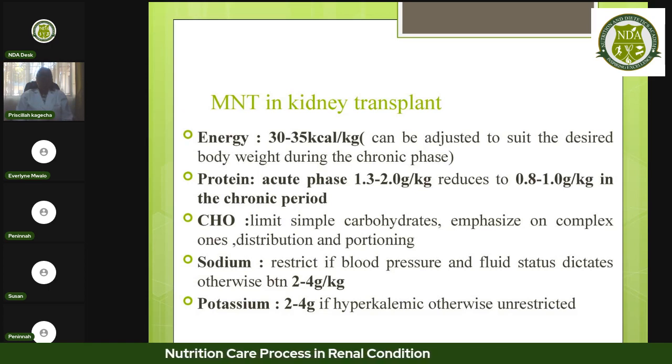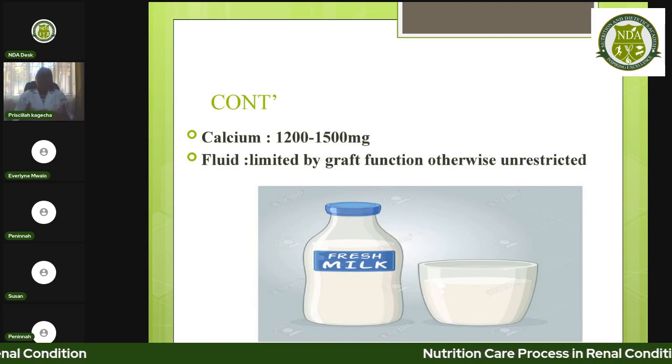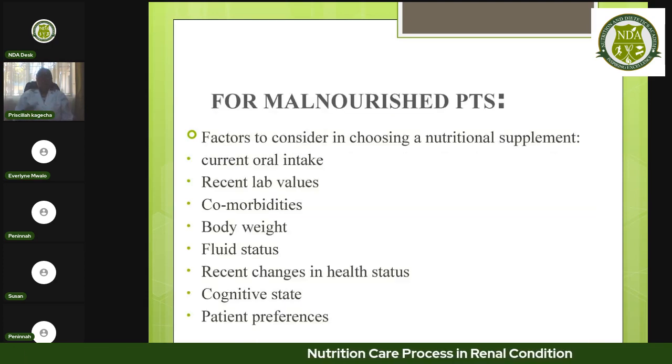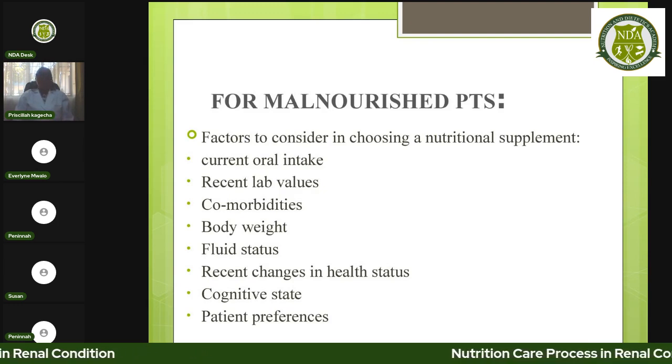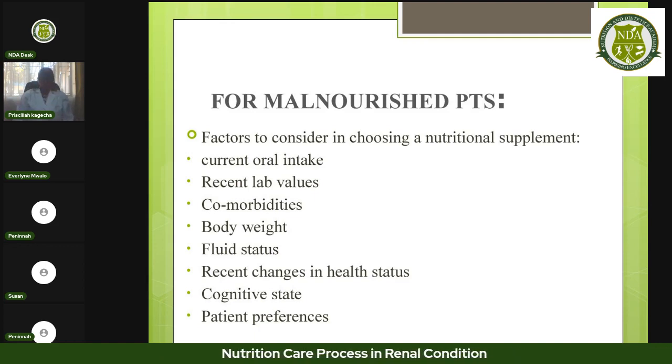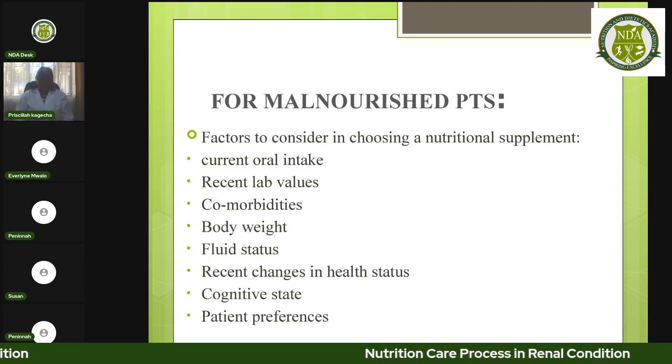So for malnourished patients, there are several factors that you may want to consider in choosing the supplements. And this malnutrition in CKD is a big issue, and so we want to use a tool like, for example, the SGA tool to rate the malnutrition within which your patient is in.